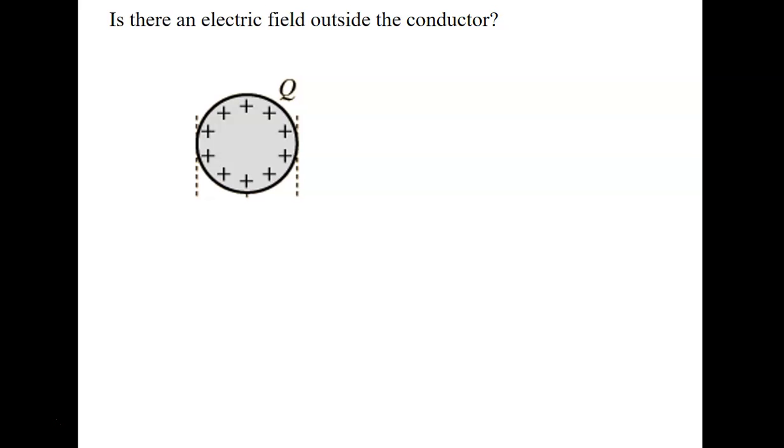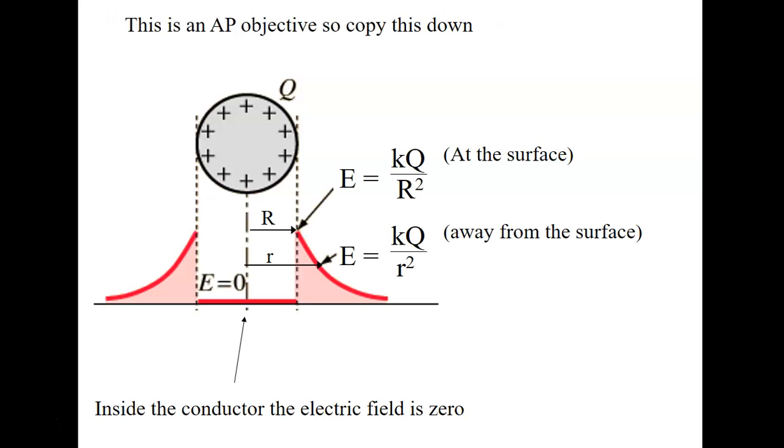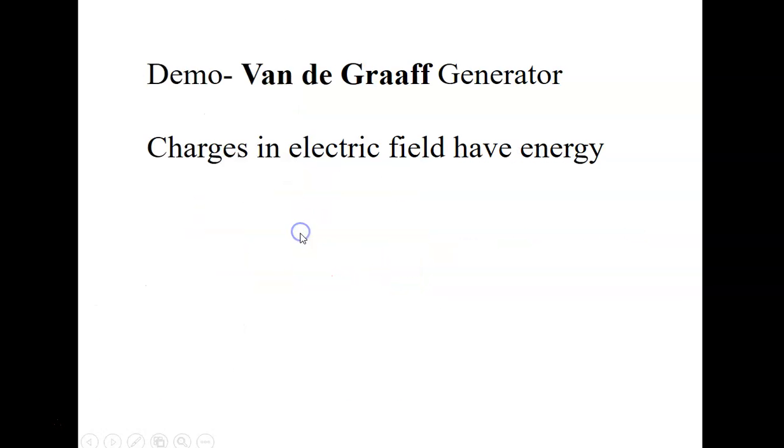So why is there an electric field outside a conductor? I've seen this on the AP test: map the electric field outside a charged conductor. The electric field outside a conductor is based on the equation that I just gave you, kQ over r squared. Notice that it's decreasing with r squared.